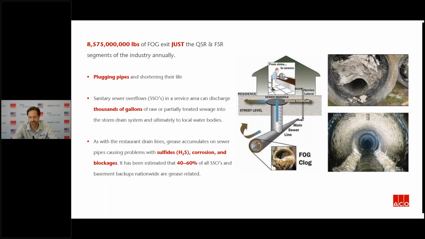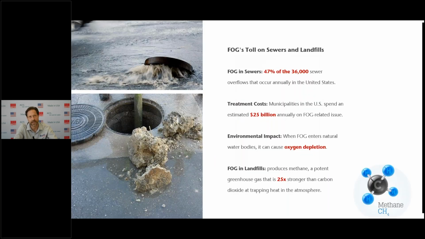There are other issues FOG contributes to. There are smells that come from the piping networks, and corrosion is another big piece. FOG itself can cause corrosion, and ultimately it becomes a big issue for cities to maintain.